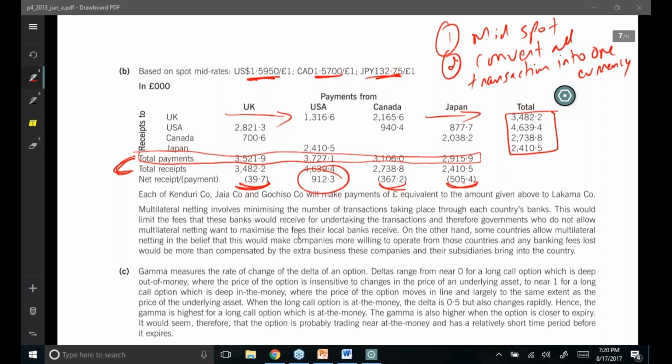If there are less number of transactions, government will charge its transaction cost. Government will charge tax on the transactions and bank will charge transaction cost on the transactions. So if there are less number of transactions, government revenue and banks revenue will go down. So that's why governments do not allow netting in some countries.